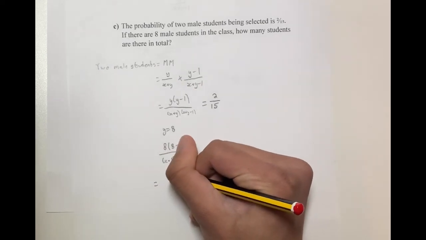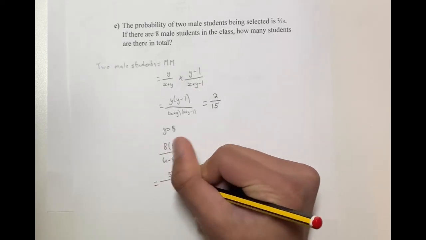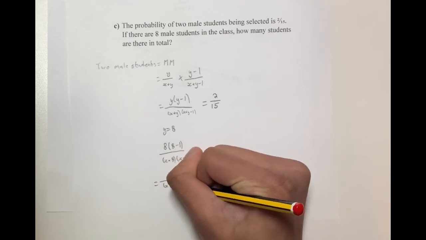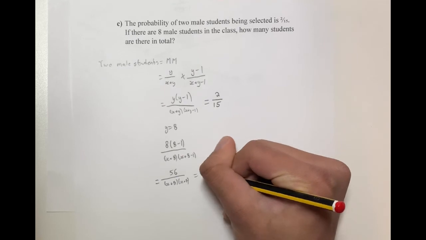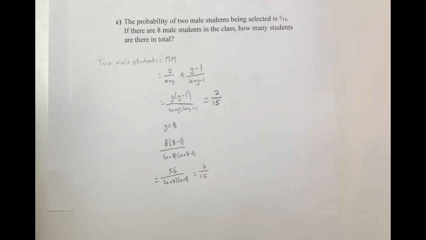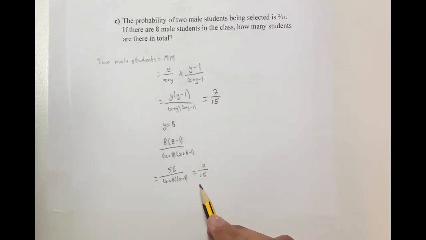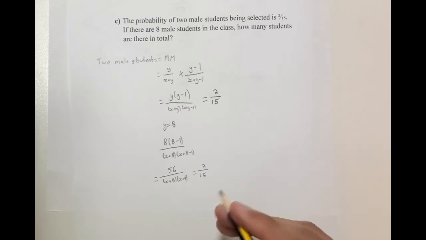this can be simplified to 56 over x plus 8, x plus 7, and this equals 2/15. And to solve for x, first it is easier to remove the denominators. We can do this by multiplying by 15 and then multiplying by x plus 8, x plus 7.